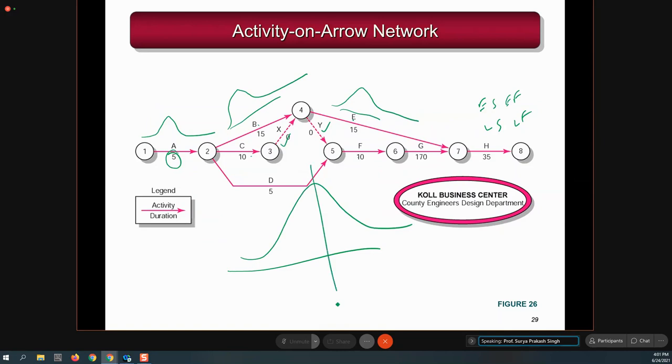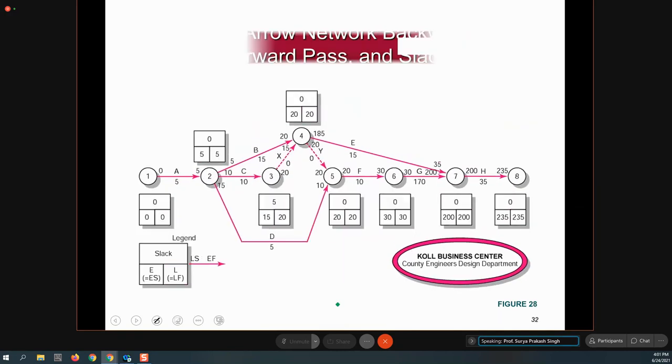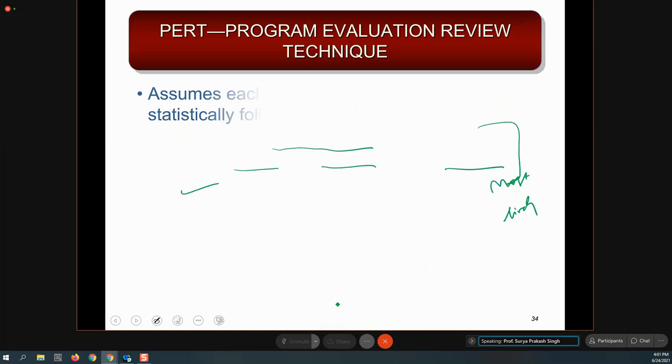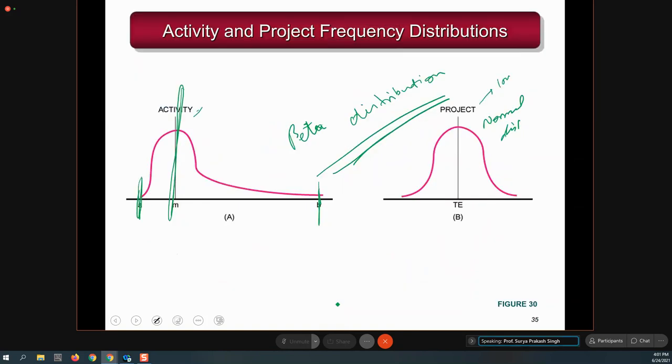Okay, same thing which we have represented here in this diagram. So all activity combined together in a project try to finish in a normal distribution, or the distribution of the project looks like a normal distribution.